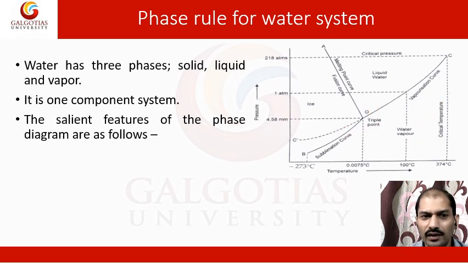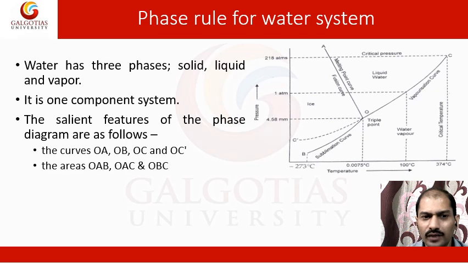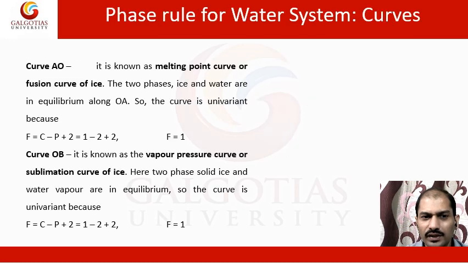Another salient feature of the diagram is the curve AO, which, as I already said, represents the melting point curve or fusion curve. The two phases, ice and water, are in equilibrium along OA, so the curve is univariant.